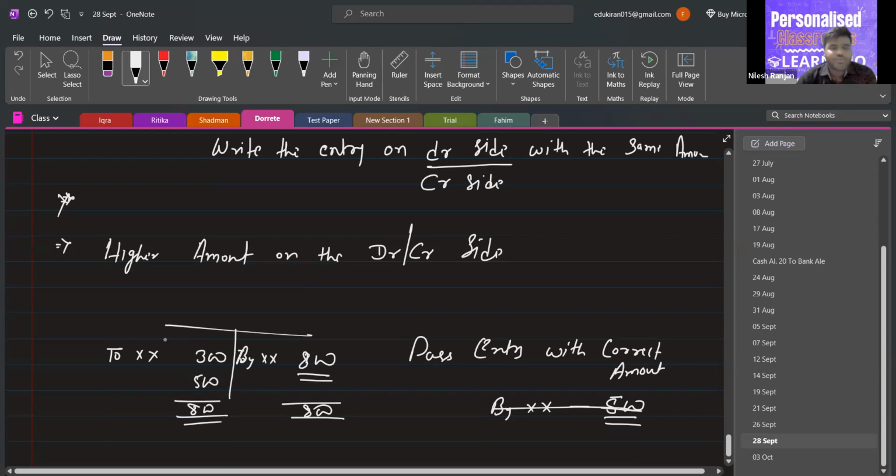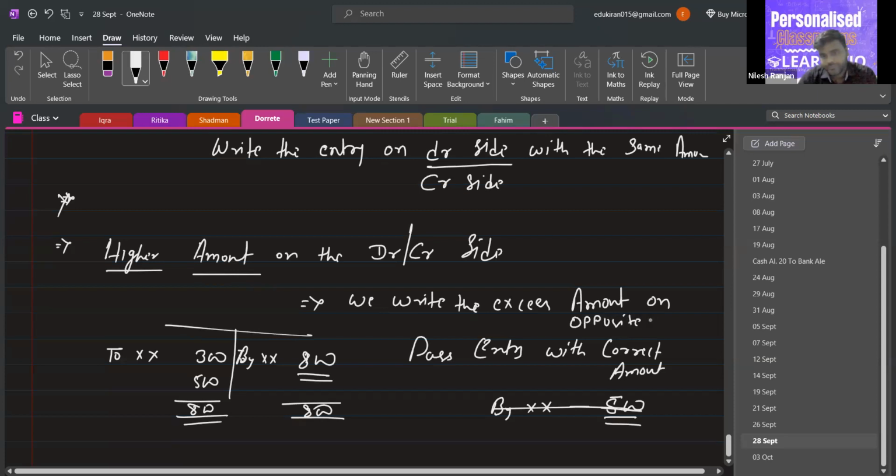Yes, sir. So for a higher amount, what we have to do is write the excess amount on the opposite side. Okay, sir.